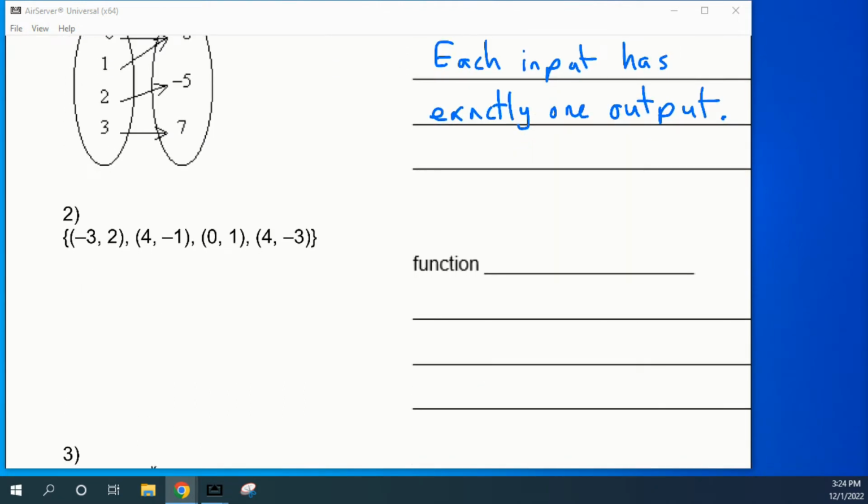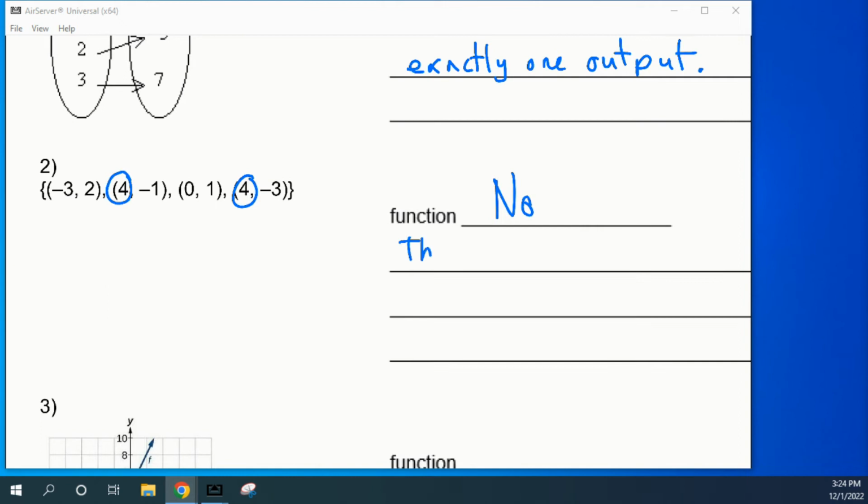For number 2, this is not a function. The reason is that the input of 4 has two different outputs.